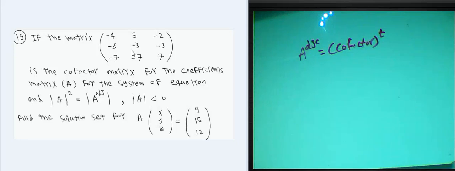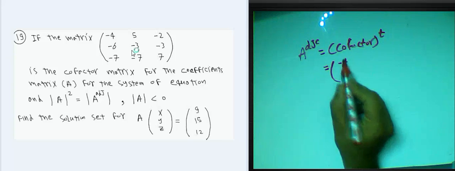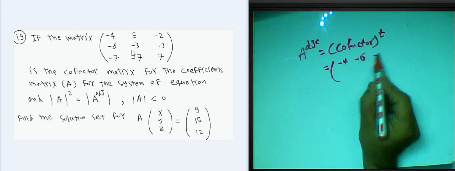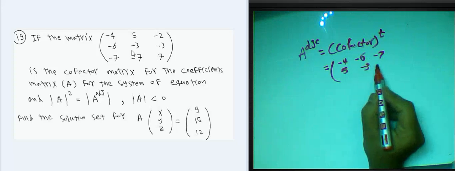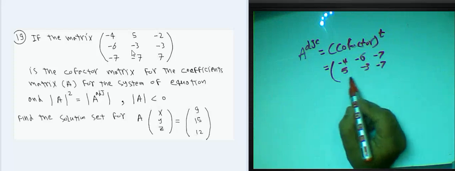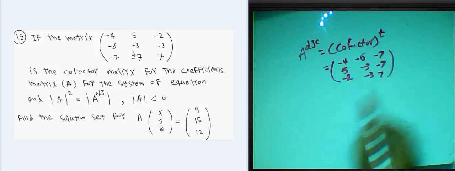We can write the terms: -4, -6, -7, 5, -3, -7, -2, -3, and 7.